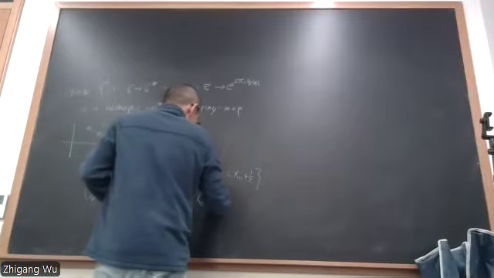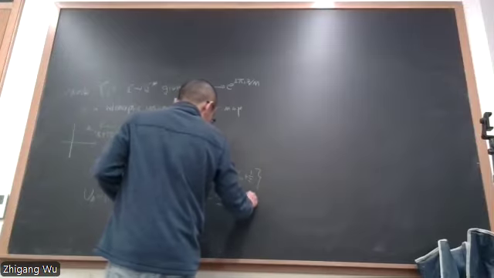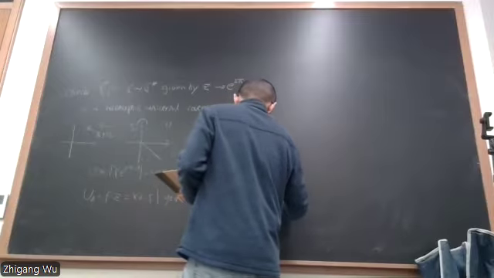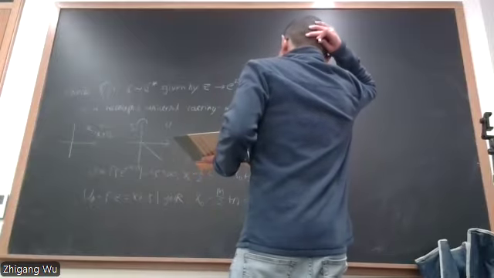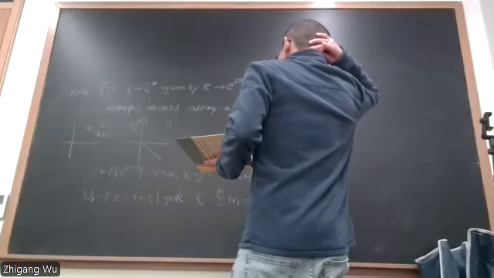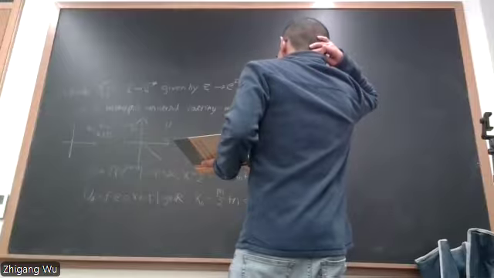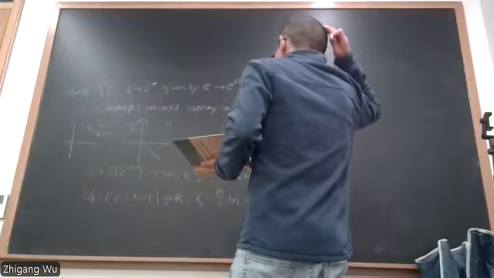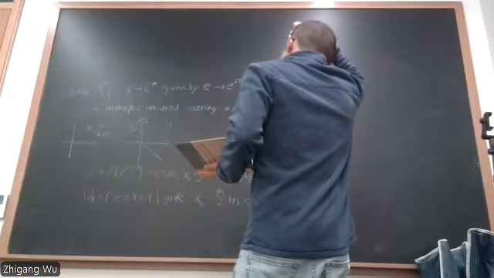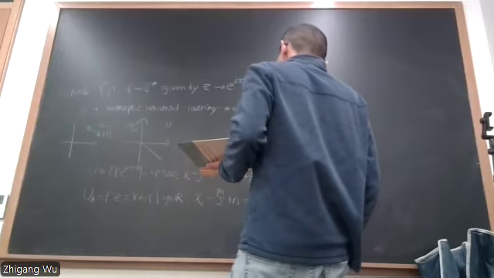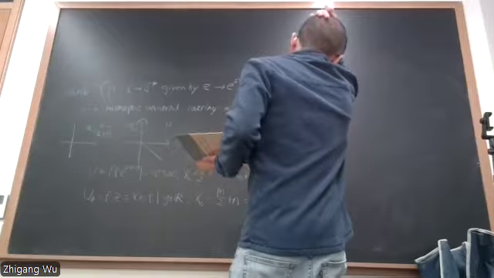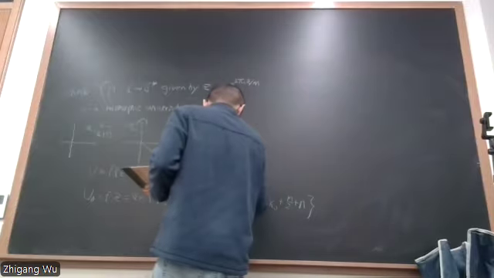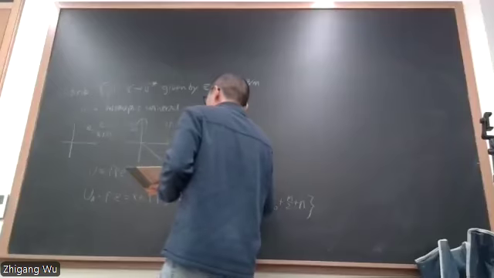So I think it should be minus n over 2 plus x naught to x naught plus n over 2. Wait, so I think this n should also be multiplied by m.